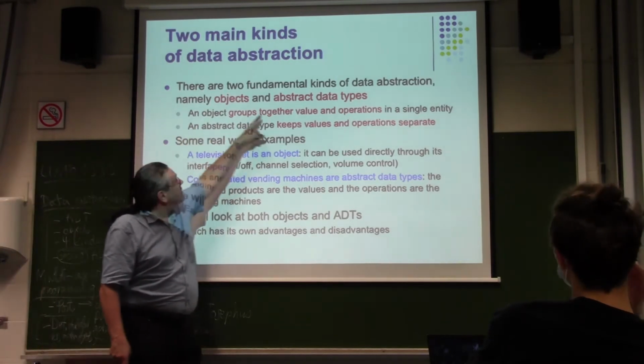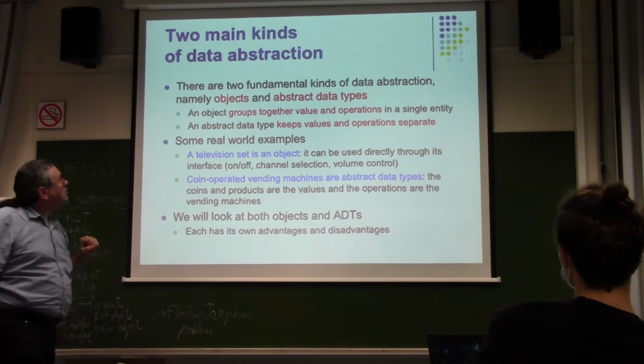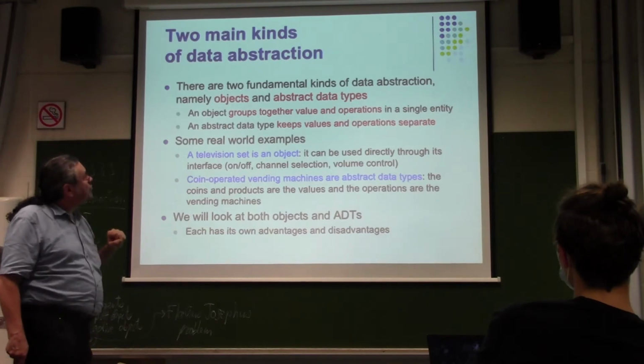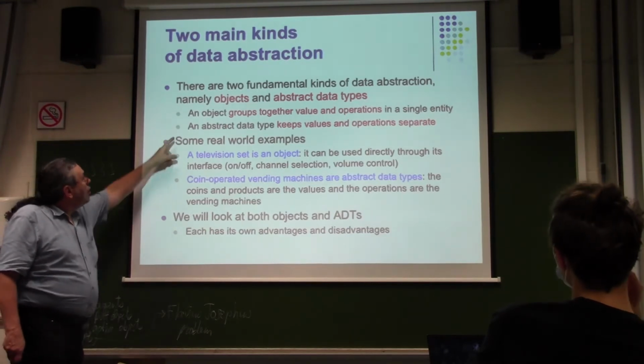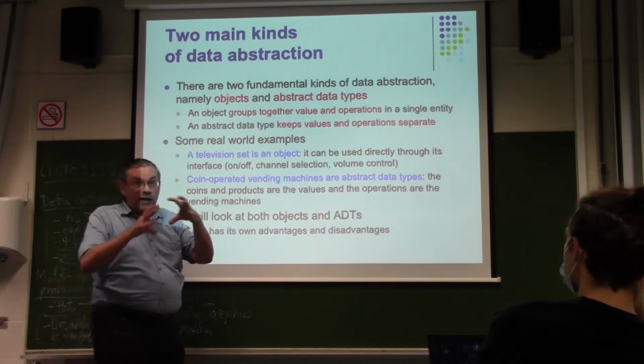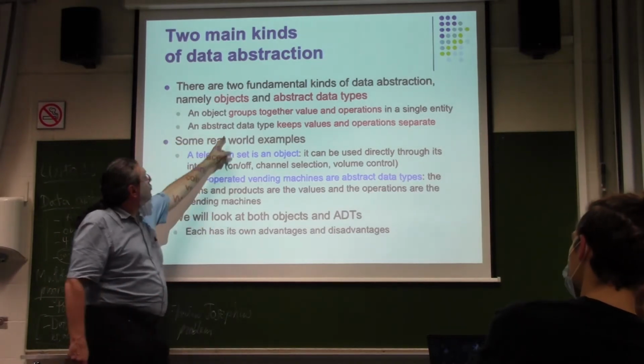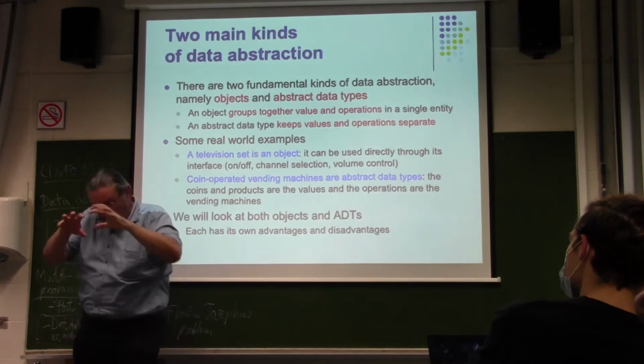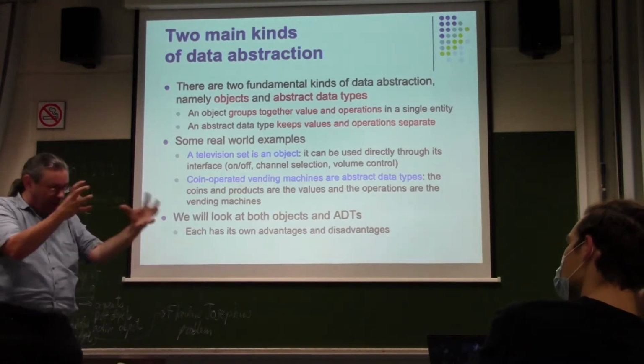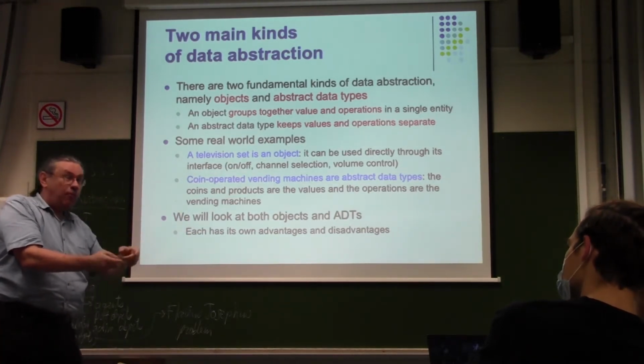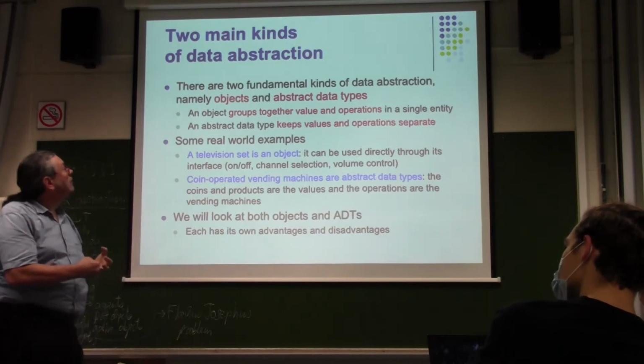Okay, so there's two kinds of data abstractions called objects and abstract data types. So an object, there's only one kind of thing. So this groups the value and the operations in a single entity. So you have one thing and you can send operations and then transform it.